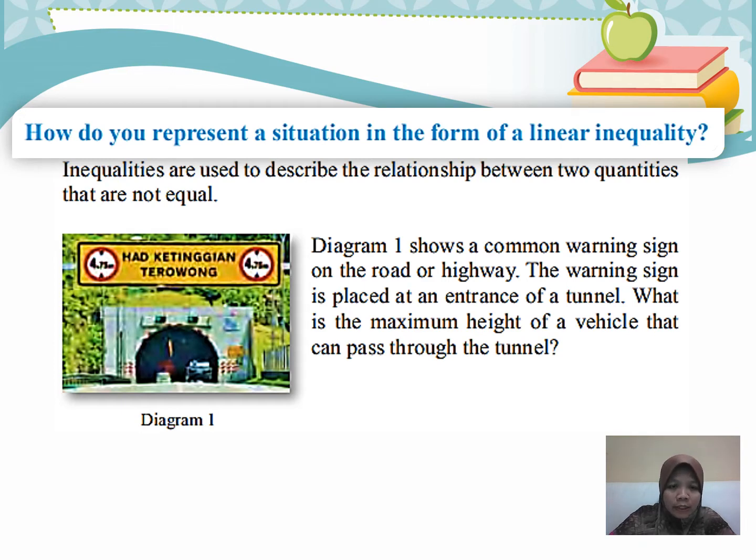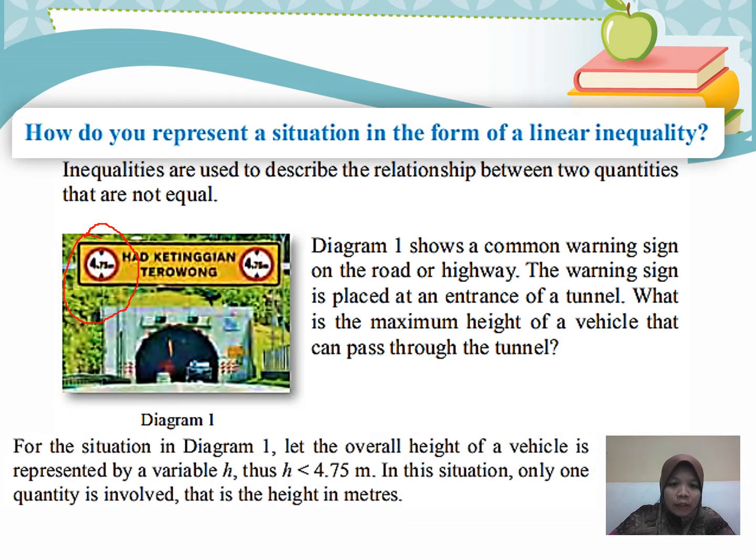If you can see diagram 1 here, there is a limit for the tunnel, 4.75 meter. So in this situation, let the overall height of a vehicle be represented by a variable h. So we can write that h is less than 4.75 meter. In this situation, only one quantity is involved, that is the height in meters.